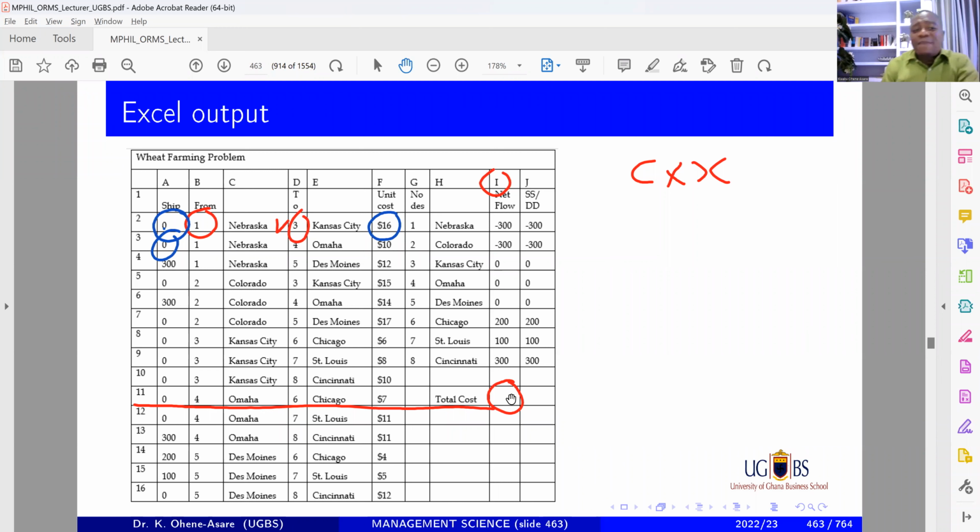Now, normally what you would do is take the 16 multiplied by this 0 here, the item. Normally it's not 0, it is something. And then you take the 10 multiplied by what is here. So you're going to take everything that is in A and multiply it by everything that is in F, and then add them.